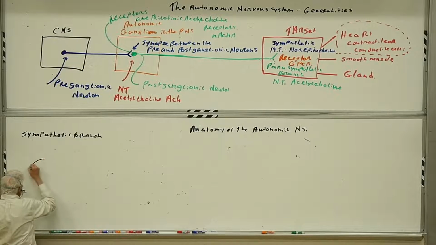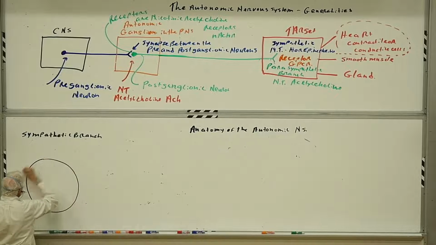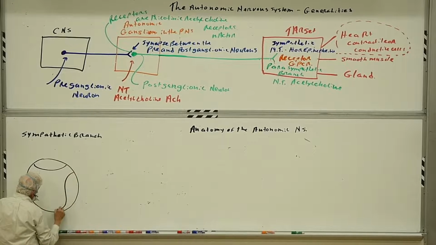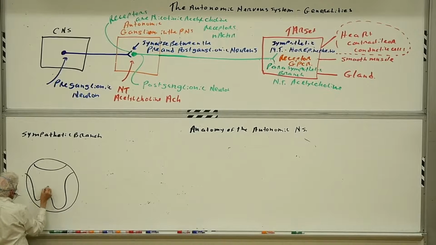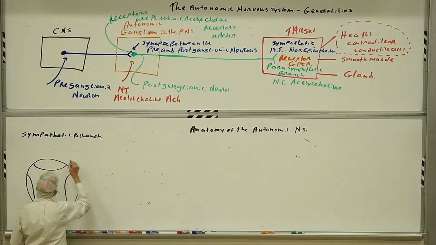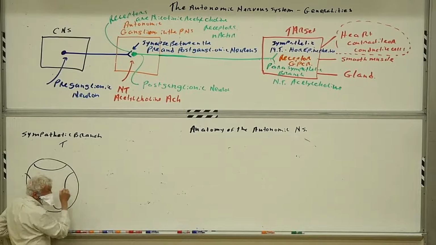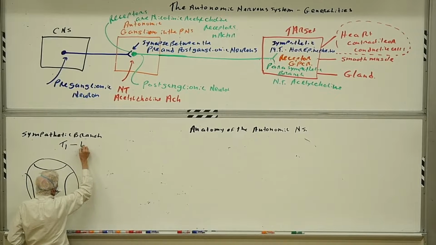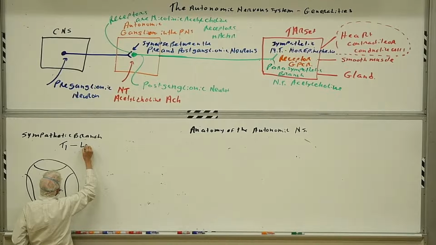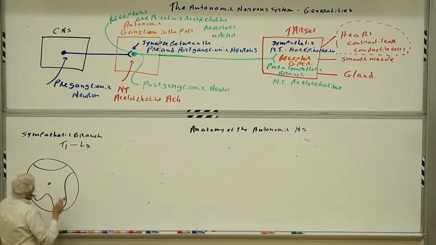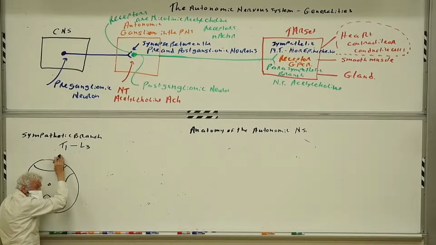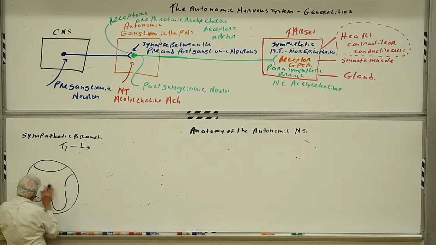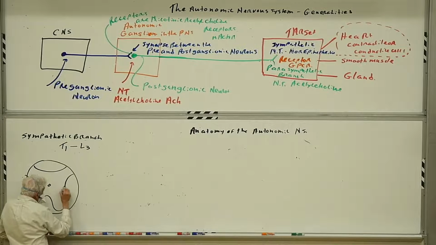So if we look at the spinal cord, and we draw the gray matter, we're going to see that between the first thoracic vertebrae called T1, running through the third lumbar vertebra called L3, in the spinal column between T1 and L3, there's a special region of the gray matter, which kind of pooches out here.